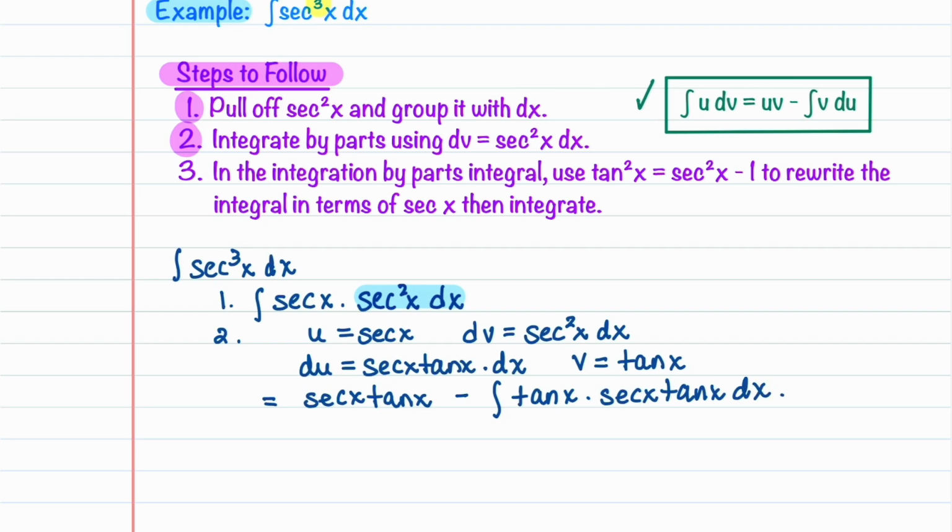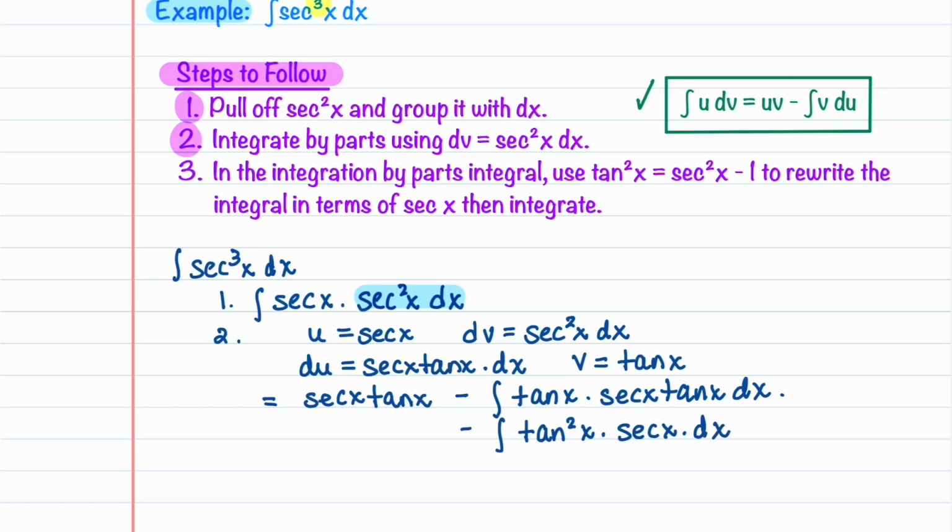Let's now focus on this integral on the right. Let's rewrite this because we can combine the tangents. So this is tangent squared x times secant x dx.